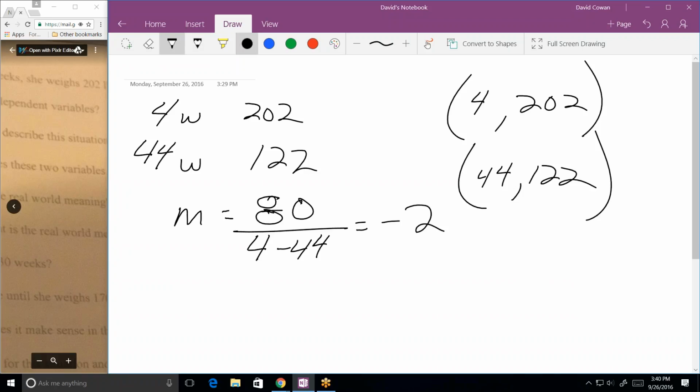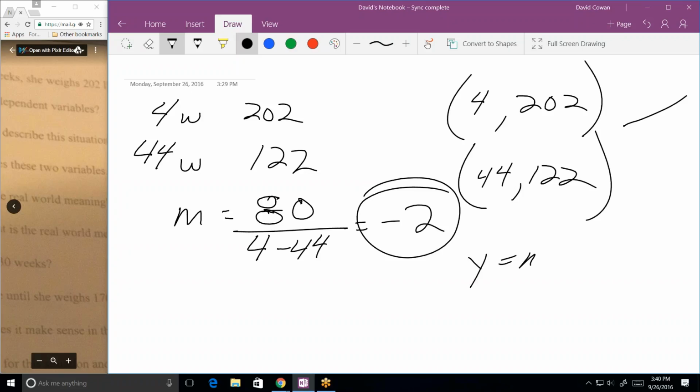Okay, so we have a slope. We have 2 points. How do we come up with an equation of that line? Well, since you have your m, you can set it up as y equals mx plus b, and then plug in one of the points in order to get your y-intercept. Okay, tell me what to do next. All right, so you have y equals negative 2x plus b.